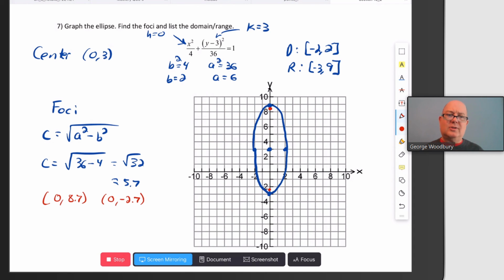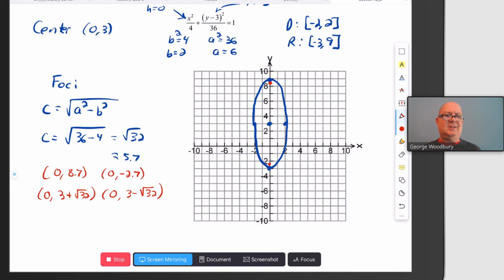But if we wanted those exactly, it would be 0, 3 plus root 32 and 0, 3 minus root 32. We could also simplify the square root of 32. That's 16 times 2, so we could get out a 4 from there. 0, 3 plus 4 root 2, and 0, 3 minus 4 root 2. Those are the exact locations of those foci.